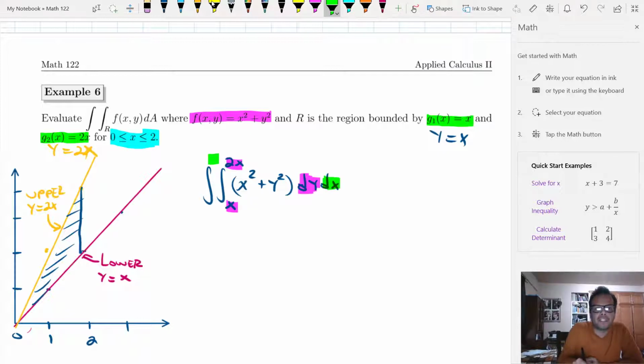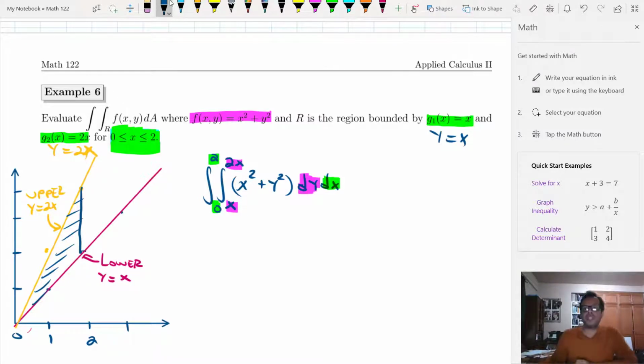X is explicitly telling us that it goes from 0 to 2.